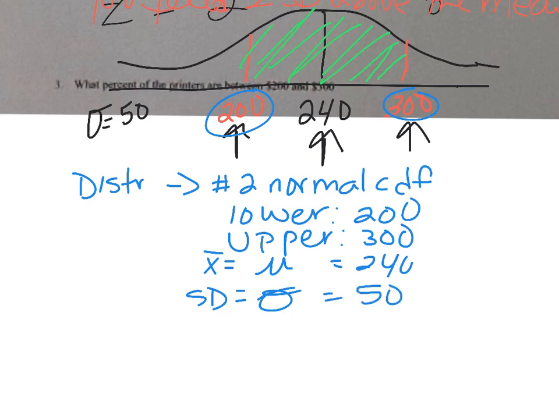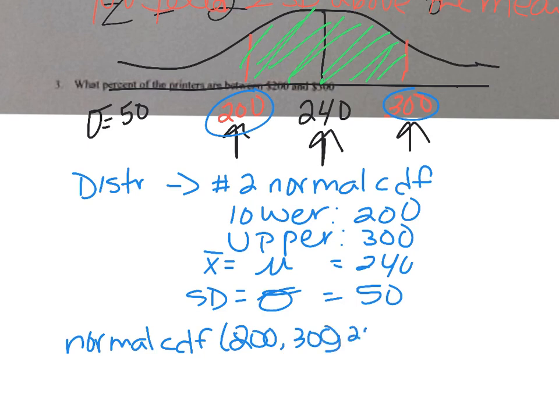Press paste, and then again, it'll come up normalcdf, and you should have 200, comma 300, comma 240, comma 50.